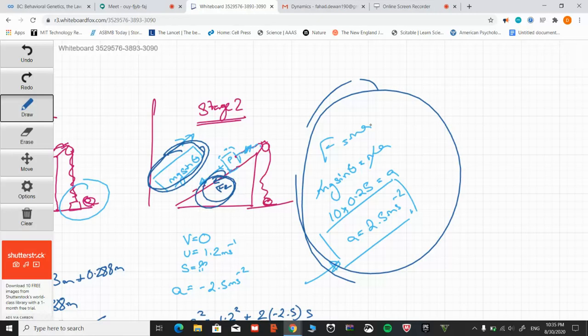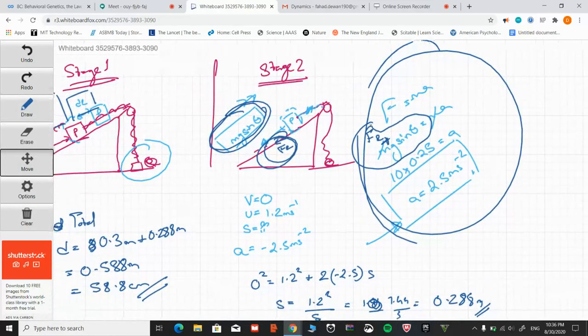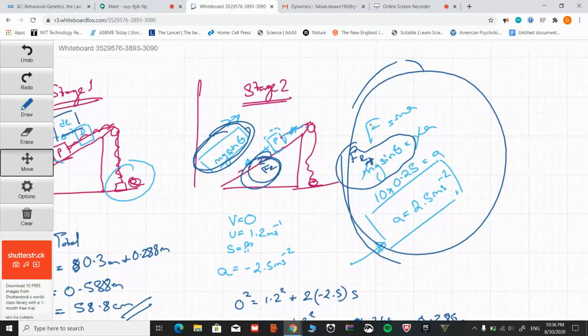So in order to find the resultant deceleration, I would have had to add friction to mg sine theta for my resultant force, and that would have given a bigger value of deceleration, so the particle would have come to rest more quickly, because two forces are now trying to stop it.